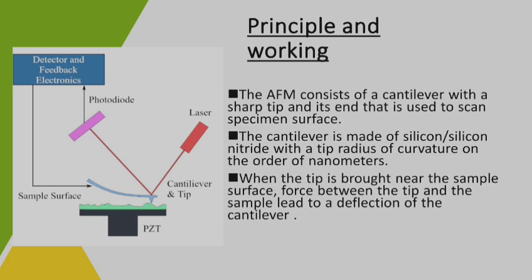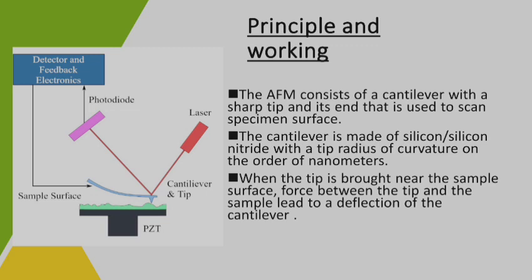There is also a laser source. This laser falls directly onto the cantilever, and from the cantilever the light reflects to the photodiode, and from the photodiode it travels to the detector, that is the system, and from there you get the proper image of the surface of the film or sample we have taken.